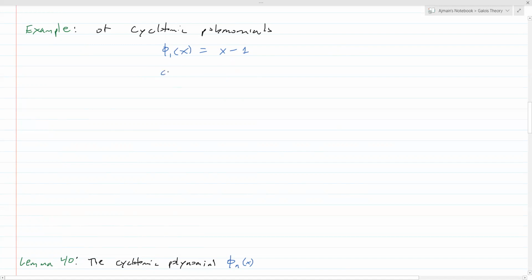Okay, so what about phi 2 of x? This is going to be the primitive second roots of unity. So what are the second roots of unity? Well, you have 1 and minus 1, because 1 squared equals 1 and minus 1 squared equals 1.